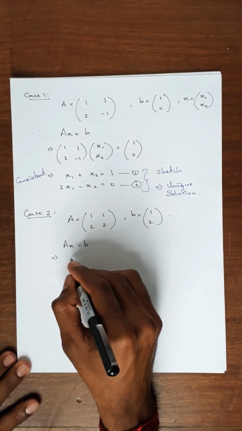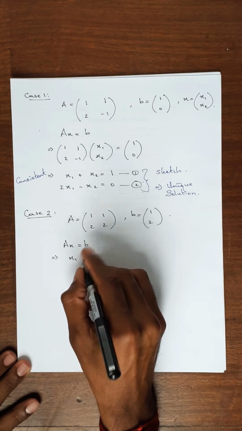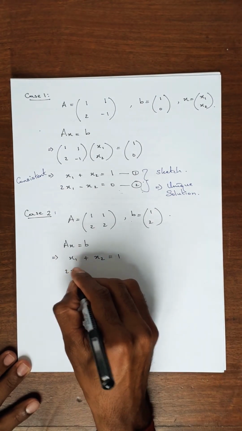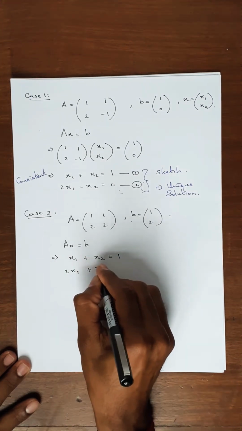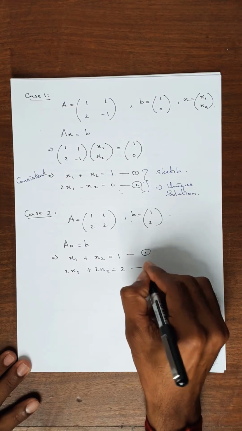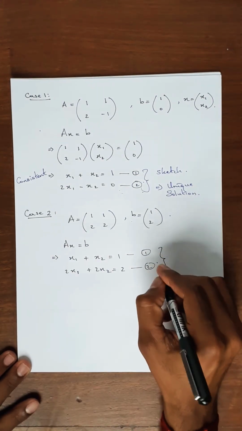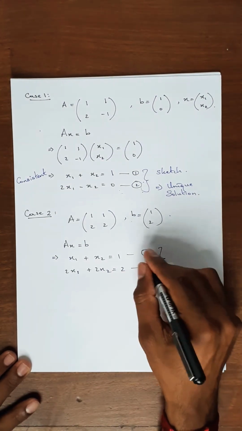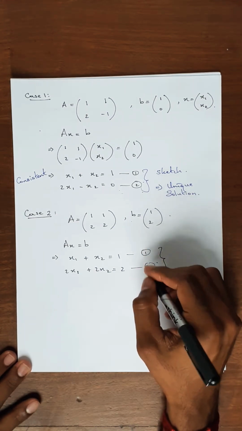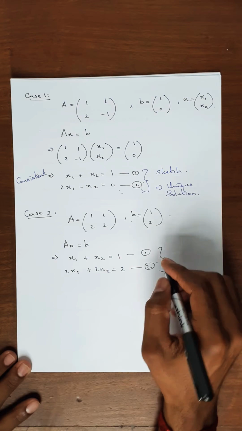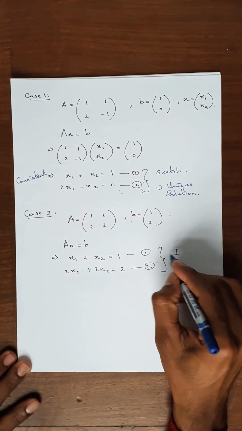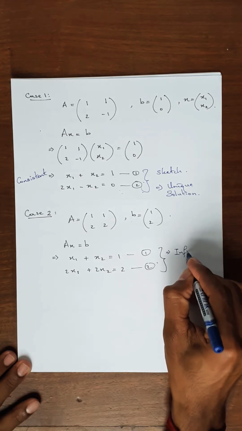You're going to have x1 plus x2 equal to 1, 2x1 plus 2x2 equal to 2. This is the first equation, and the second equation. Now you can say that when you plot this graph, to sketch these two equations, you will have these two lines coincide. And when two lines coincide in geometry, this means that you have got infinitely many solutions.